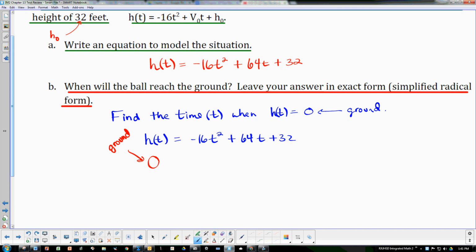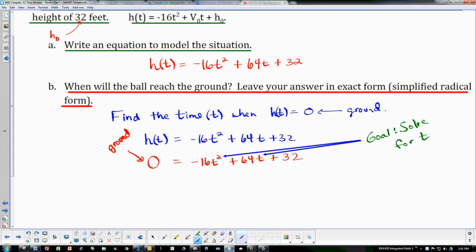This is going to be equal to negative 16t squared plus 64t plus 32. Now, you can probably see what we're about to do. We have to solve for t. That's our goal. Solve for t. So we're going to find that unknown time.